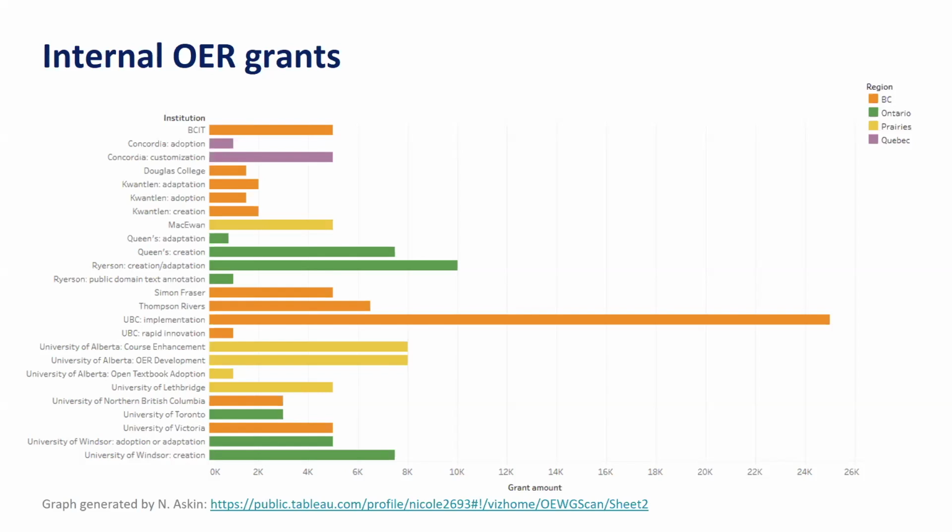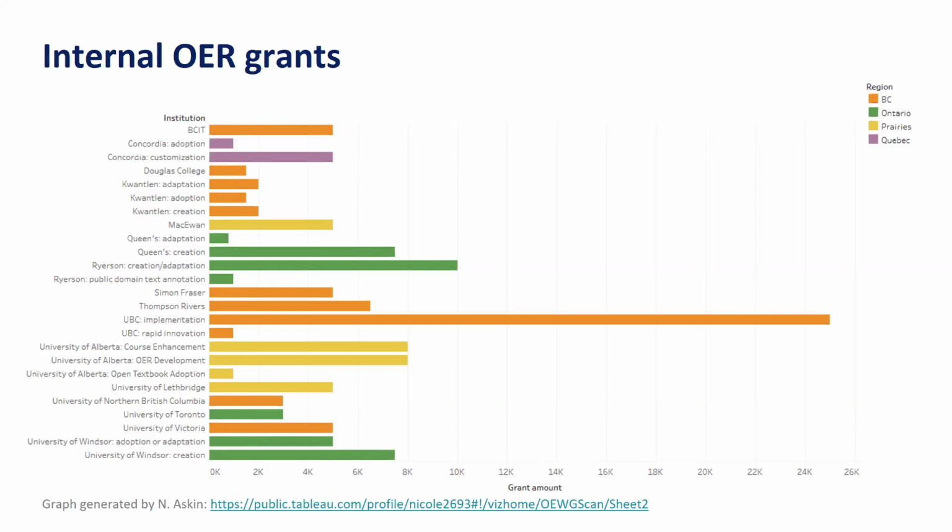The grant amounts vary from $800 to $25,000, with a median of $5,000 offered per project. Currently, UBC leads the way with its OER implementation grants of up to $25,000 over the life of the project, and that's over 18 months.